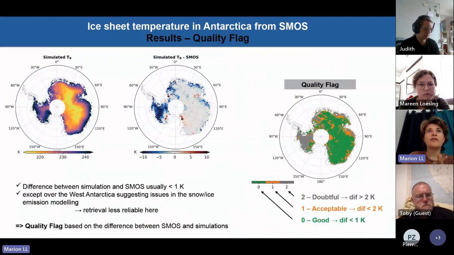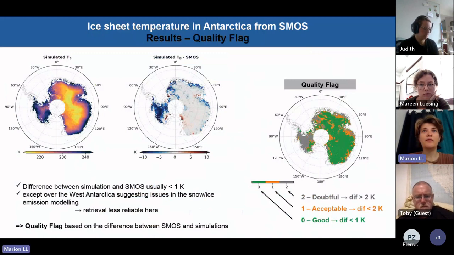For that, we focus on the brightness temperature. On the left map, we can see the simulated brightness temperature from the retrieved ice temperature profile. In the middle, we compute the difference between simulated and smooth observation. We can see that over the plateau, the difference is very low, lower than 1 Kelvin.